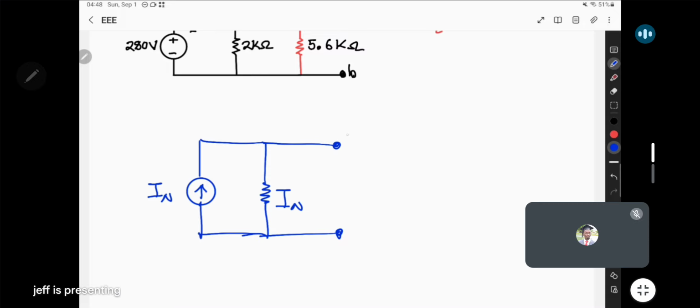So the load resistor will be connected to AB. The goal then is to find I Norton, and that's why I wrote I Norton. This is the Norton's equivalent resistance, R Norton. You have to see that the steps for finding R Norton are equivalent to the steps that we use for finding R Thevenin. So these two are going to be equal. It's this that is going to be different.